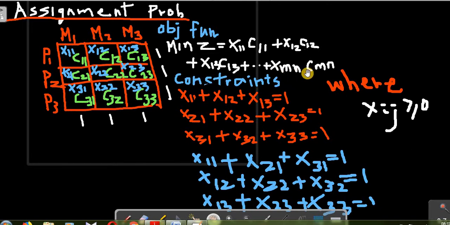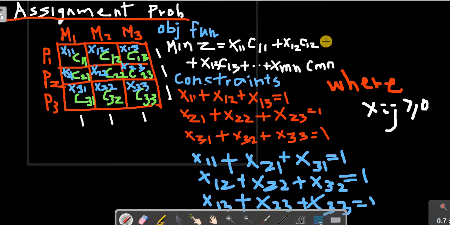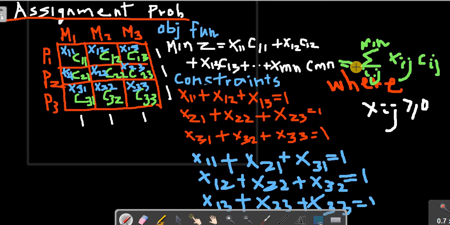Sometimes this expression is also written in summation form: the summation of Xij into Cij, where i varies from 1 to M and j varies from 1 to N. So it is the short form of the big form.